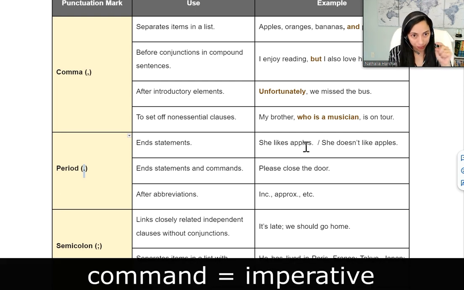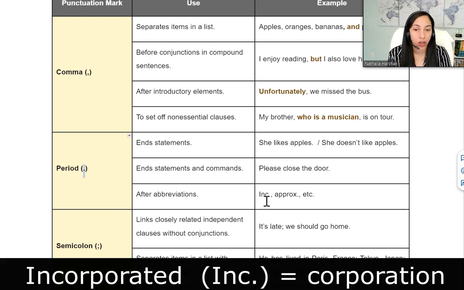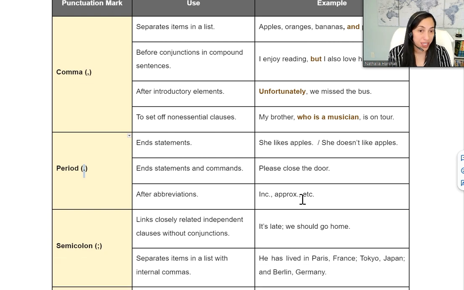Please close the door. After abbreviations, like "Inc." means incorporated. So this means that a company is a corporation. "Approx.," "etc." So as you can see, when I have abbreviations, I must have a period right after that word, okay? Oh, I remember something important.